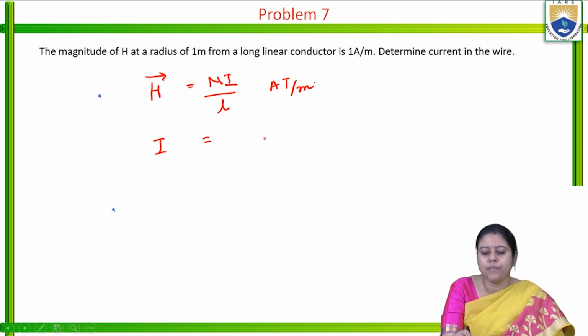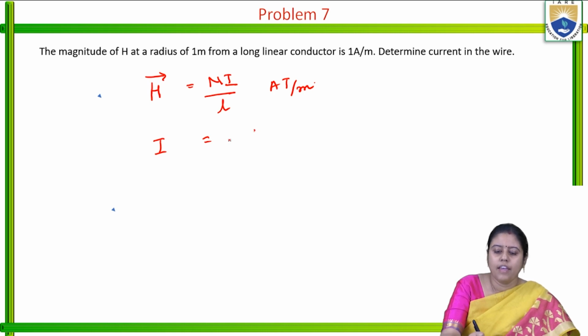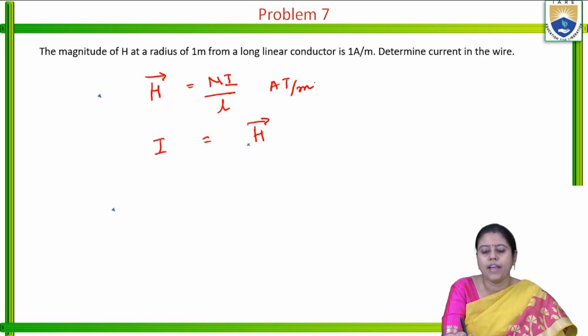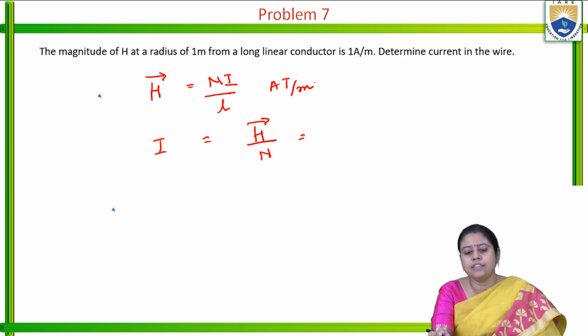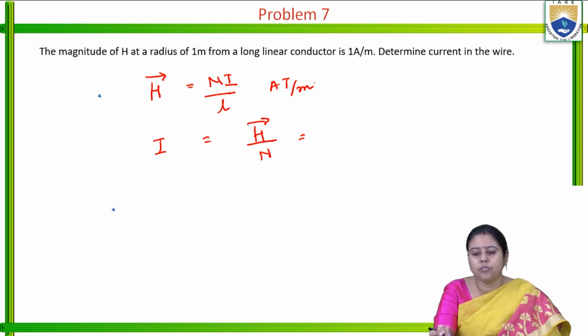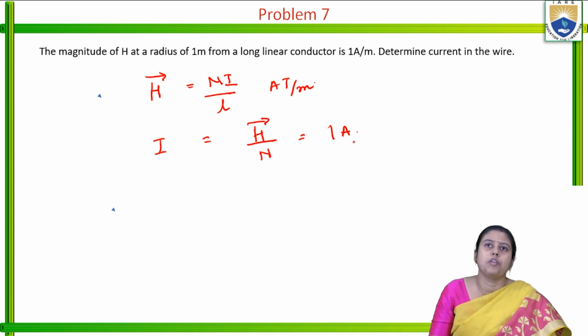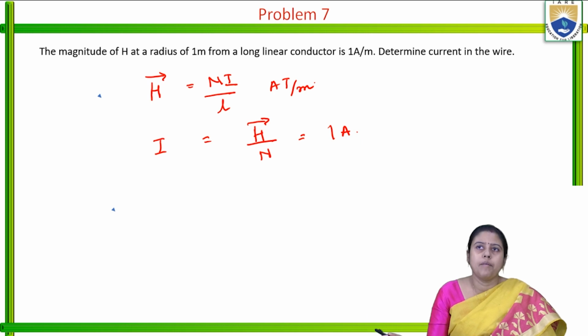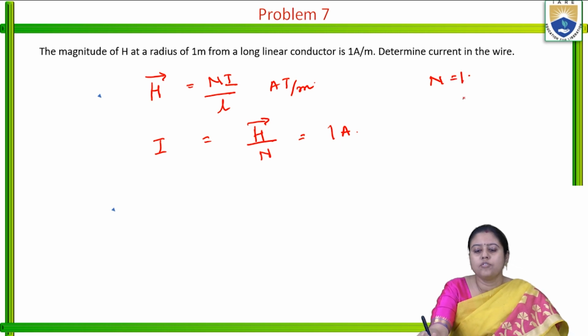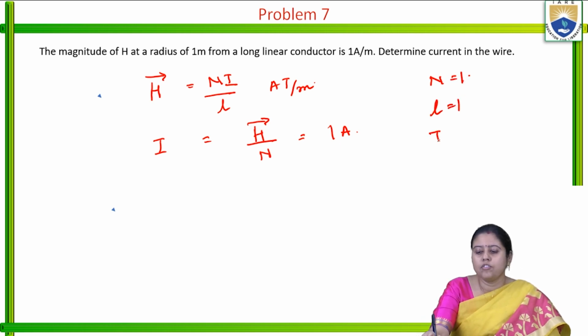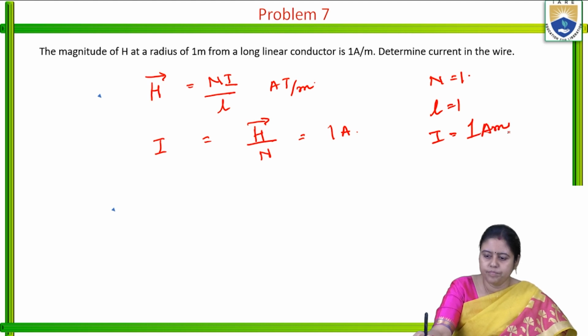So I is equal to H times L by N. The length is 1 meter, and H is equal to 1 ampere per meter. So what is I? I is also 1 ampere. So this is a very, very small problem. N is not given, meaning number of turns, so we will take 1. L is also given as 1. So I is obviously 1 amp.